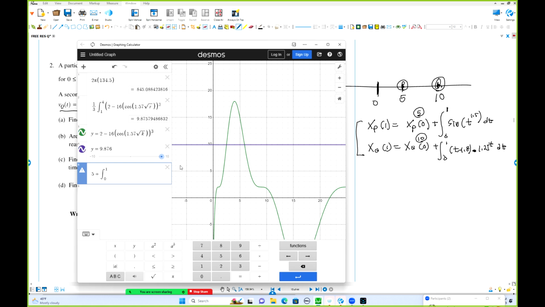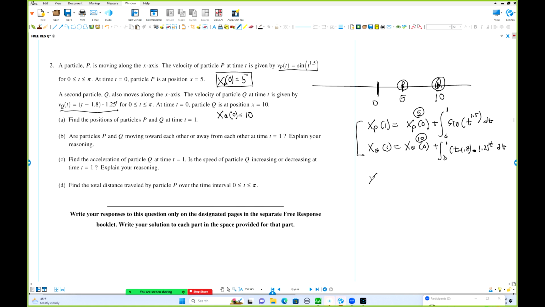Now inside is sine of parentheses t to the 1.5, then out, and the dt, okay? Where is this one? 5.371. So x_P at t equals 1 is 5.371 there, okay? Are you okay with this?